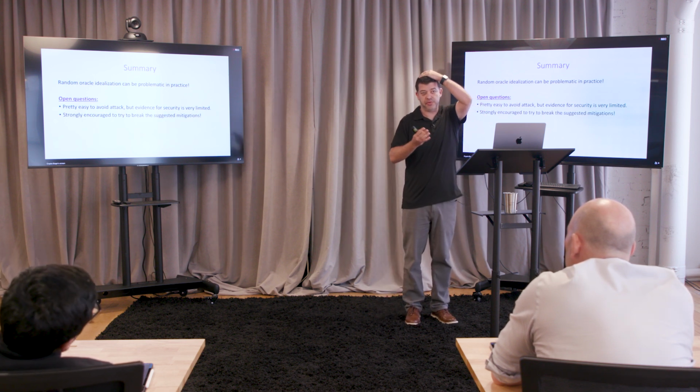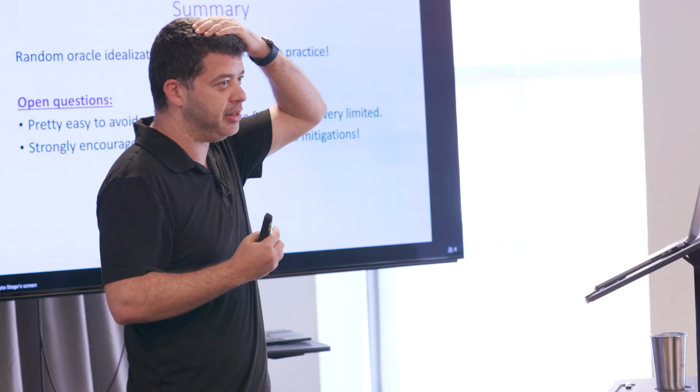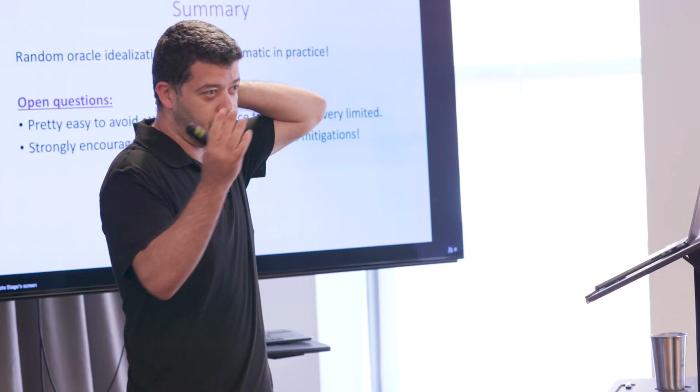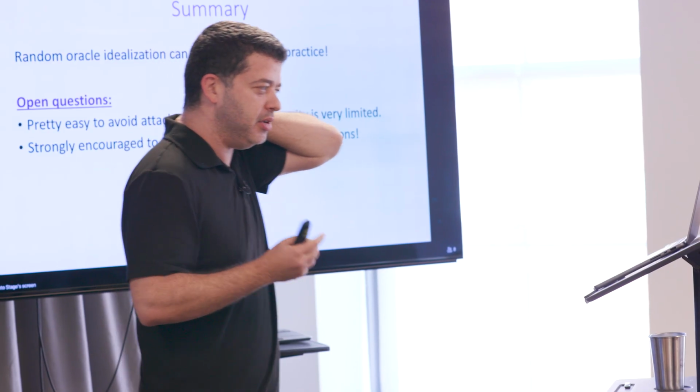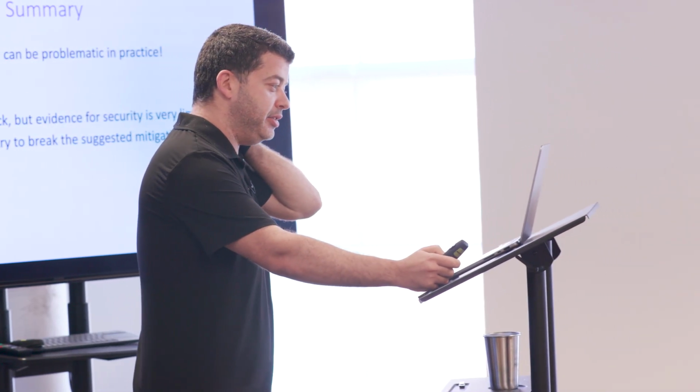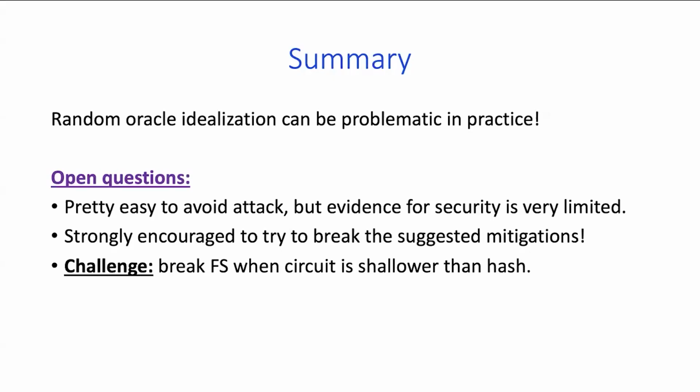Especially for students in the crowd, I think this is a fantastic thing to work on and extremely important to this entire industry of many billions of dollars. And as a specific challenge, think of this mitigation. If I make the hash function a little bit deeper than the circuit, can you mount an attack?